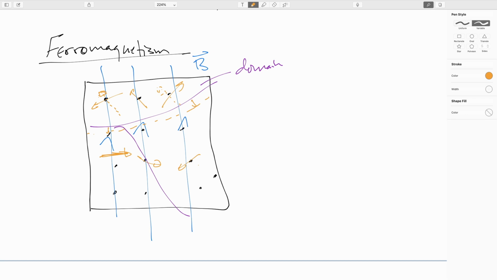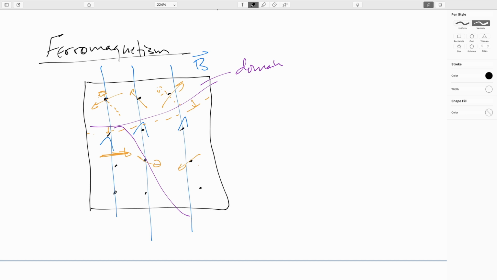Somewhere in all of this mess was one atom that just by sheer fluke happened to be aligned with the external field. That one created the domain that will eventually win, and so then your piece of soft iron will eventually have all of the magnetic moments aligned with the external magnetic field.